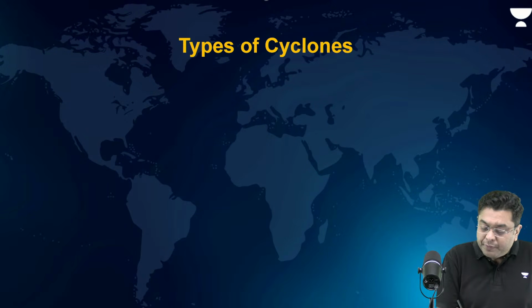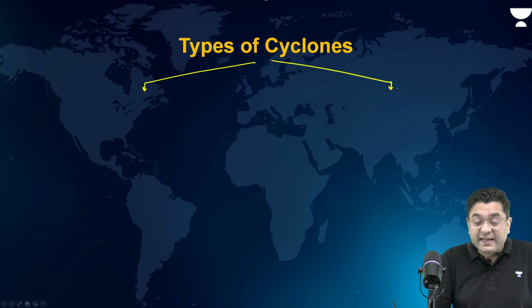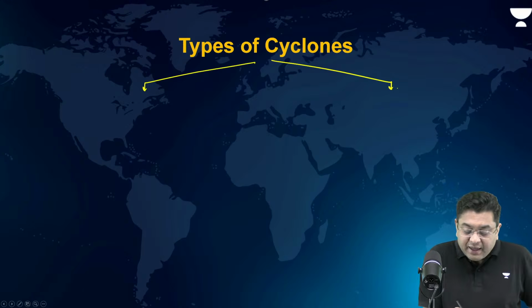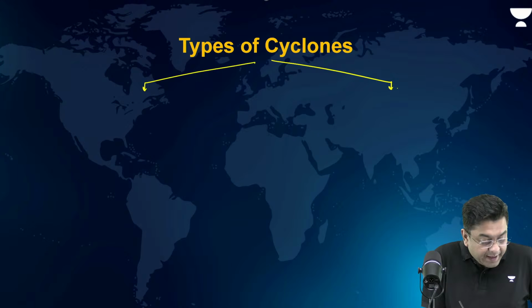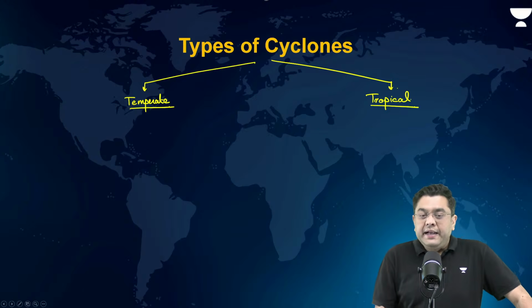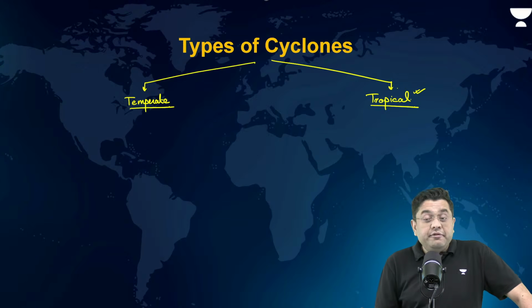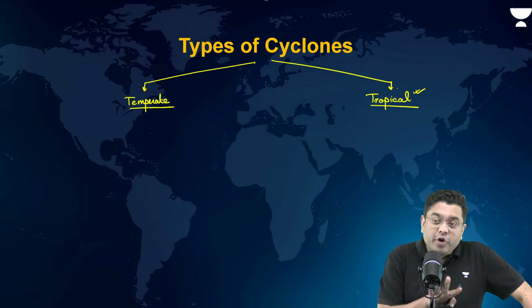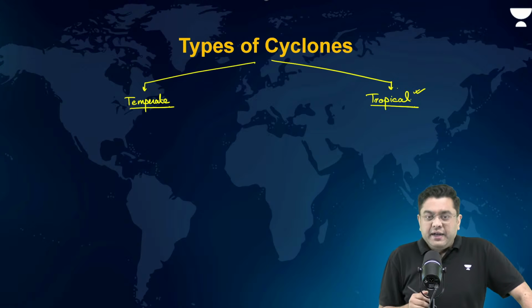So, cyclones, based upon where they exist and where they occur, they are classified into temperate and tropical. India is always impacted by the tropical cyclone. Okay. In fact, even the formation is different.